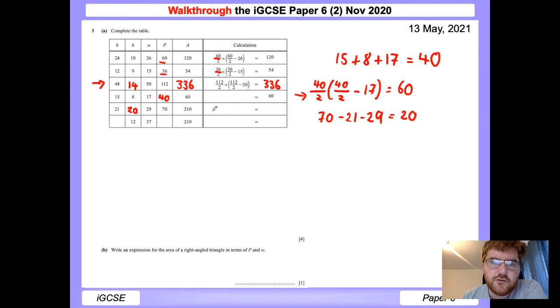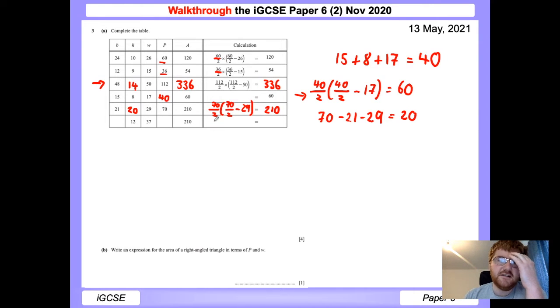And then this calculation, I'll try and fit it in here. So we've got all the other information. This number is the same as this number, so this is going to be 210. And then we're going to do the formula. So it's that perimeter number that's always the same. So we get 70 over 2, 70 over 2, minus whatever W is, which is 29.